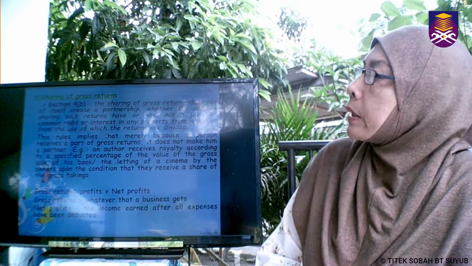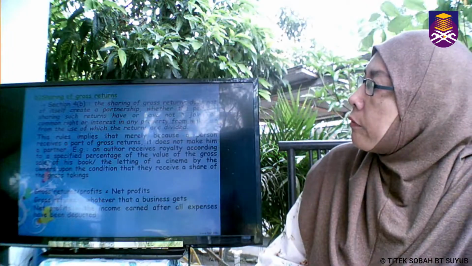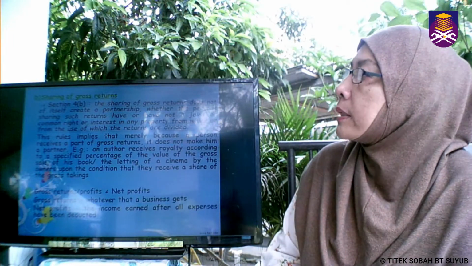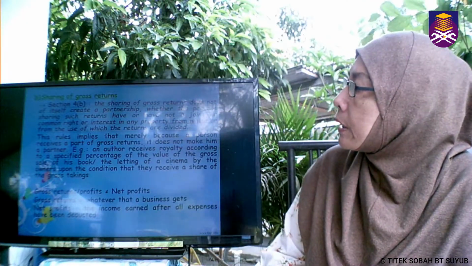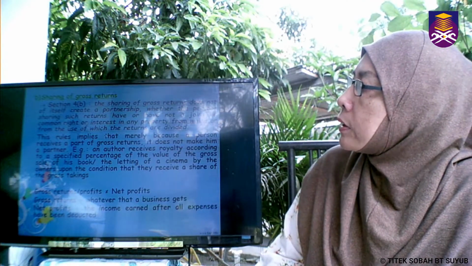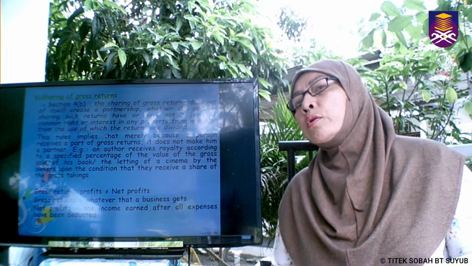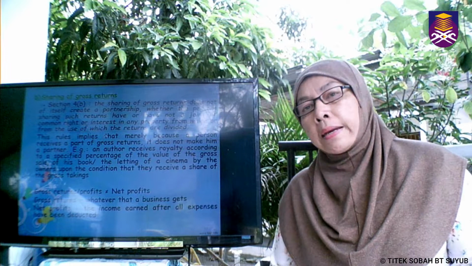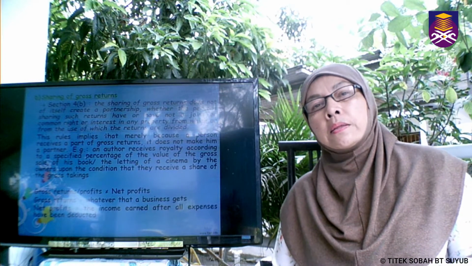It says here, the sharing of gross returns does not of itself create a partnership, whether the persons sharing such returns have or have not a joint or common right or interest in any property from which or from the use of which the returns are divided. So that's why I said to you just now, students, just by sharing gross returns, that does not mean that person is actually a partner in the same business.